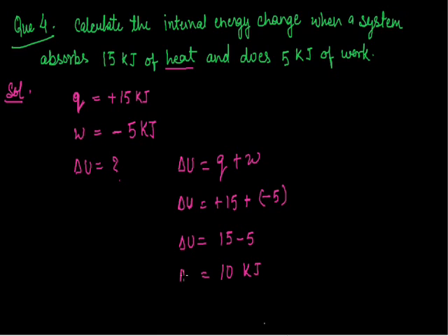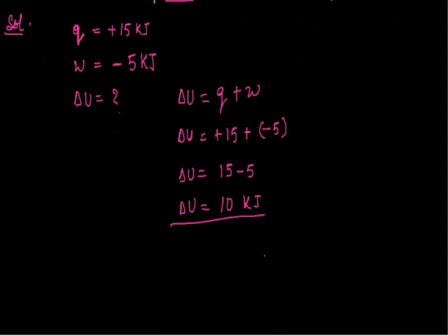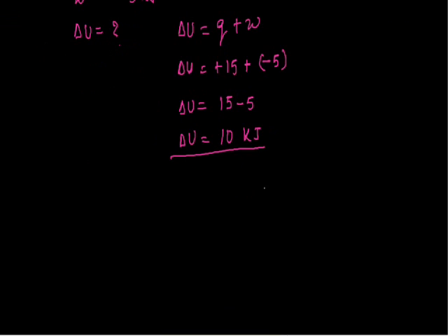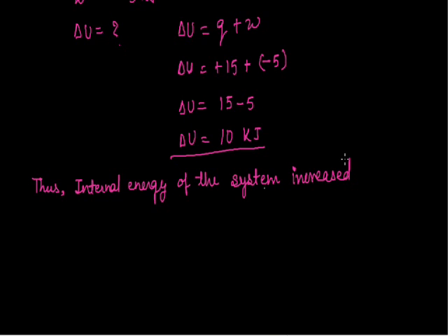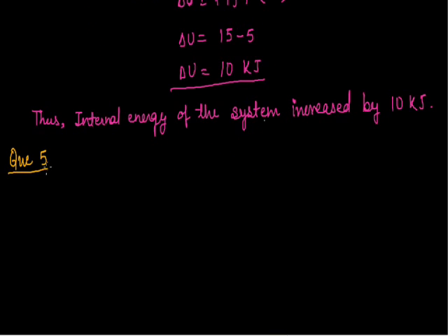This is the change in internal energy. Now the value of internal energy change is positive, means we can say that the internal energy of the system increased by 10 kilojoule.